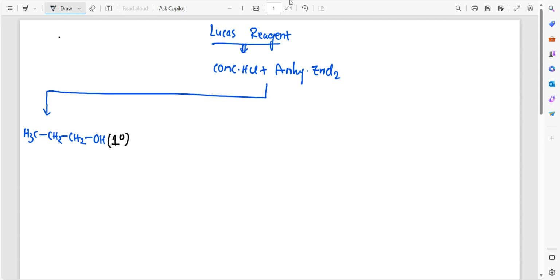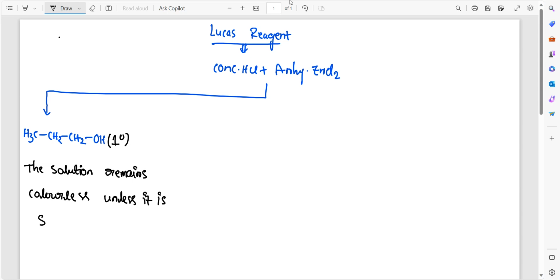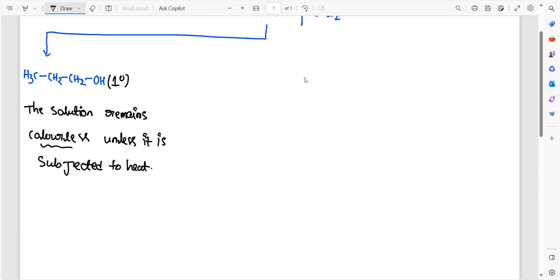When Lucas reagent is reacted with primary alcohol, the solution remains colorless unless it is subjected to heat.